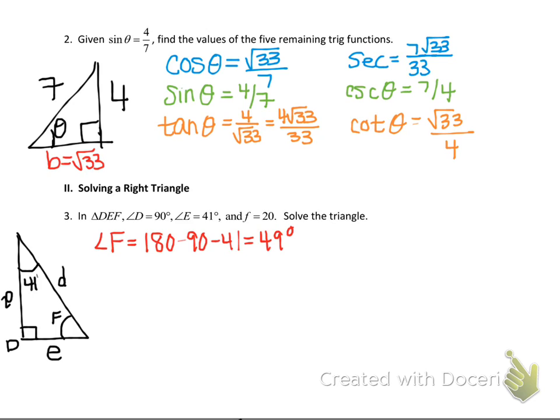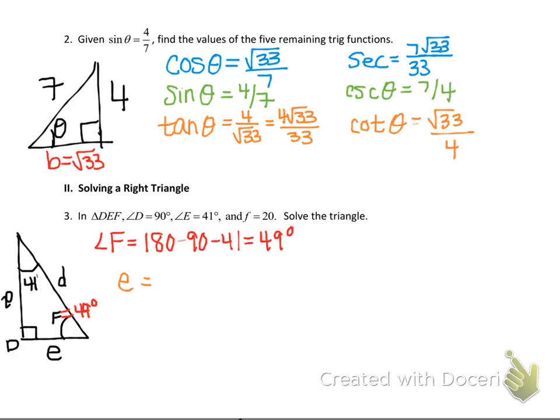So that's our angle. Okay, so let's find side E. To find E, you can use several trig functions now. Since I wrote 41, I meant 49. It should be a 9. Okay, so you can use several trig functions now.